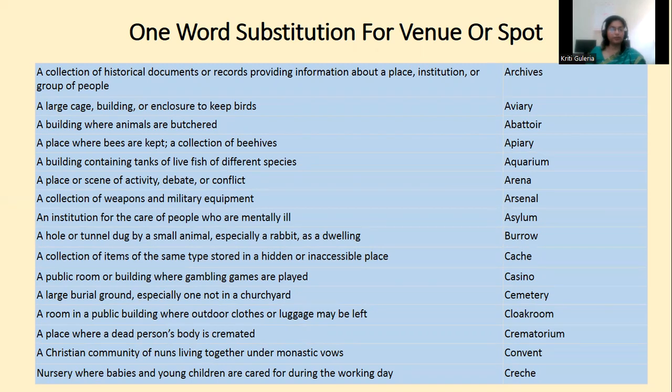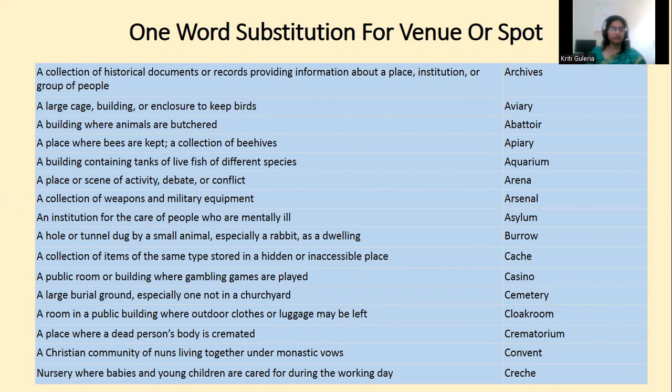A collection of weapons and military equipment can be substituted by one word: arsenal. An institution for the care of people who are mentally ill is referred to as asylum. A hole or tunnel dug by a small animal, especially a rabbit, as a dwelling is referred to as burrow.